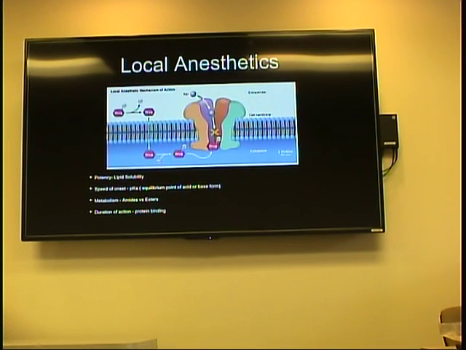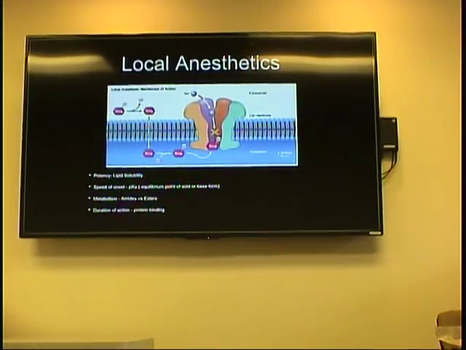When you're in the vasculature, you want it to be in the non-ionized form, and then when it gets to the cell, you want it to be in that lipophilic form. So the closer the pKa is to the natural pH of the body, the quicker it's going to get to the cell membrane, the quicker it's going to get across.